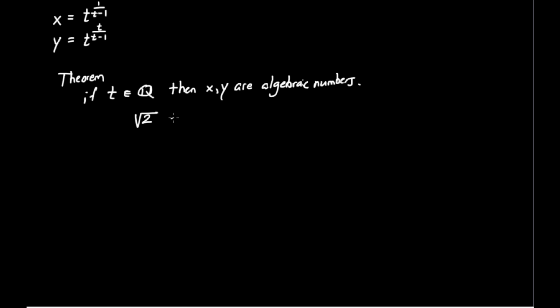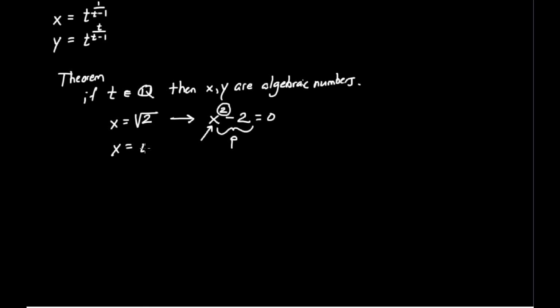And we say that this is an algebraic number because I can express x being equal to the square root of 2 as x solving the following polynomial equation: x squared minus 2 being equal to 0. Because you see here, if I square both sides of this equation, I get x squared is equal to 2, and 2 minus 2 is equal to 0. So an algebraic number is one which can be defined in terms of a root to a polynomial equation.